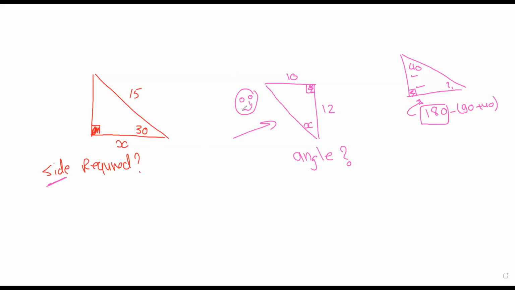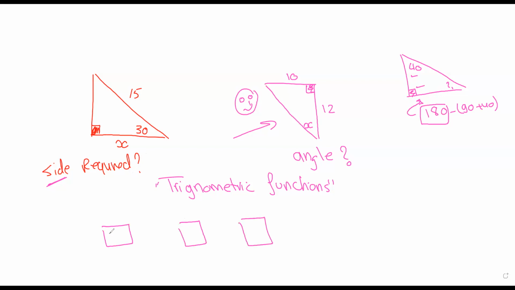To solve these sort of questions, math people came up with what we call the trigonometric functions, or in other words, trigonometric rules. We have 3 rules that we are going to discuss today. If you open your calculators, I just opened mine, you will find these 3 buttons with 3 words written on them: sine, cosine, and tan.